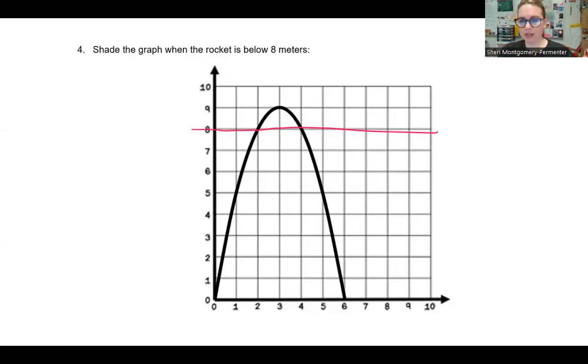Be careful. When it's below, it shades on the outside. Be careful if you shade it on the inside. When it is below, you shade on the outside. And that is all we have for today, friends.